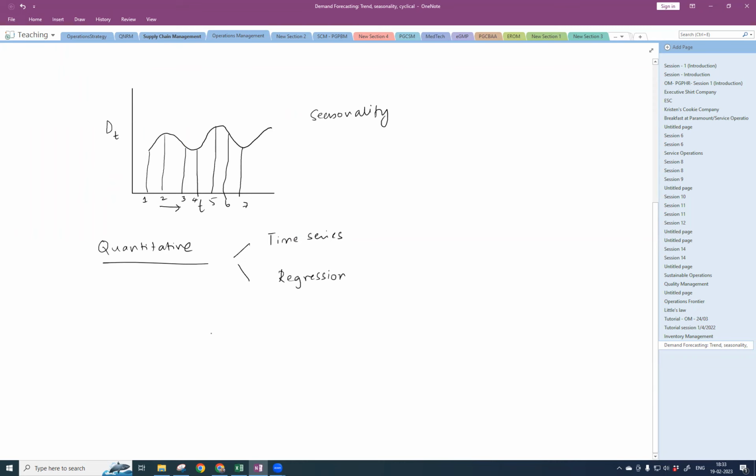Right? Now, under the time series forecast, we said that there are multiple different types that we studied. We started with a very basic approach, what we call a naive approach, where the forecast for tomorrow is nothing but the previous value that is available to us.